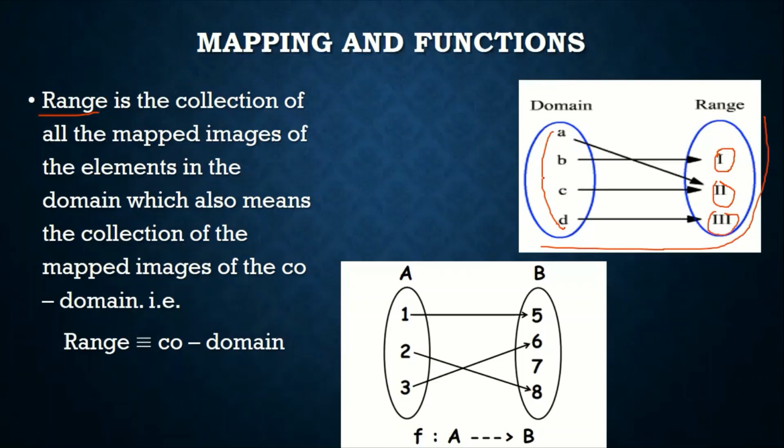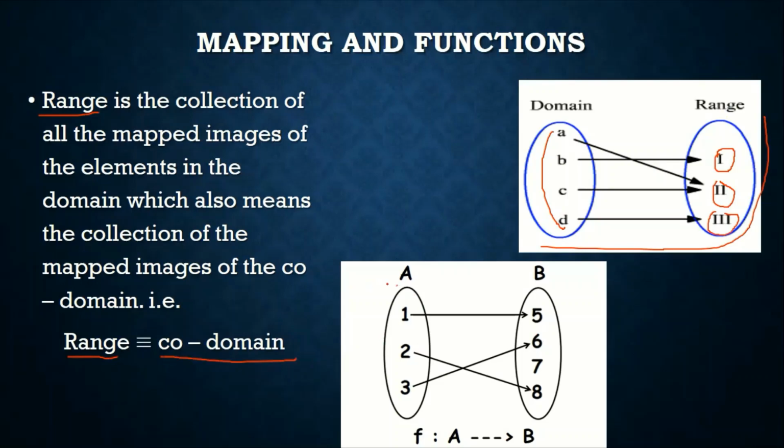Do we understand? So the range is the collection of the representatives of the elements in the domain. We can actually say the range is synonymous to the codomain. That's just how it is, very simple.